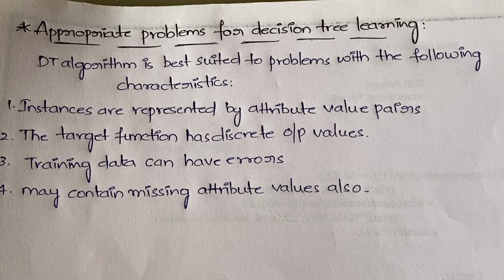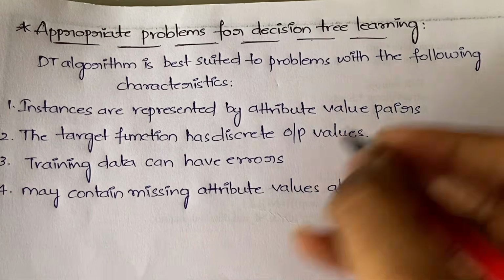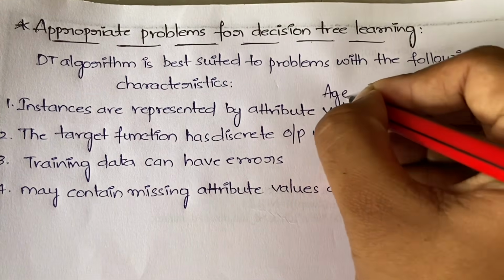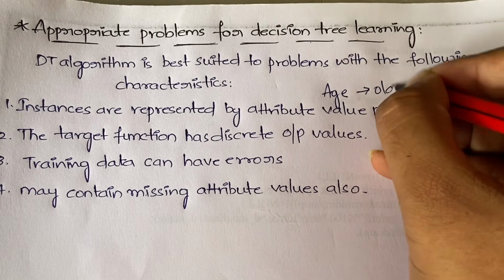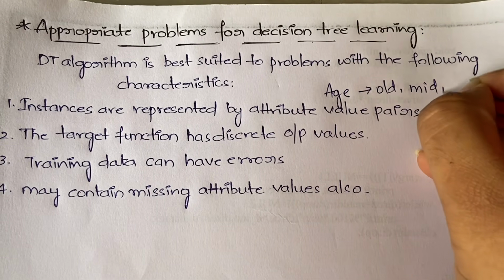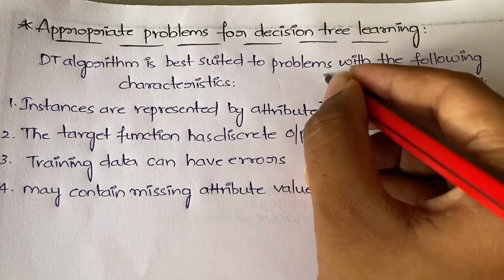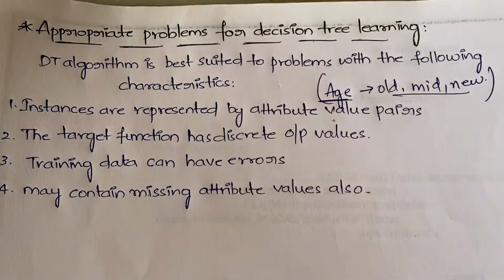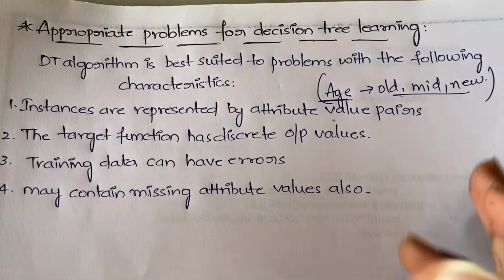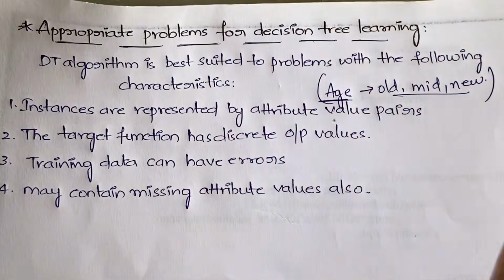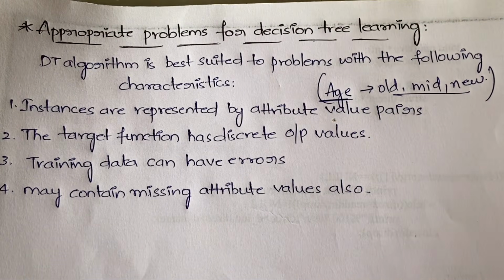For example, in our previous example, age was an attribute, right? And it has values like old, mid and new. So this is the attribute and these are the values. Attribute value pair, that's all. So when you have instances in the form of attribute value pairs, then you can go for the decision tree algorithm.